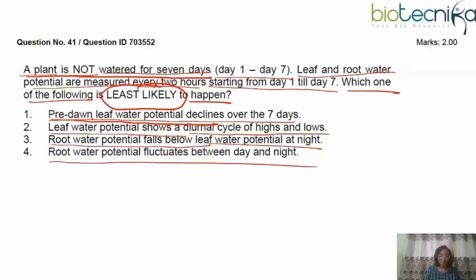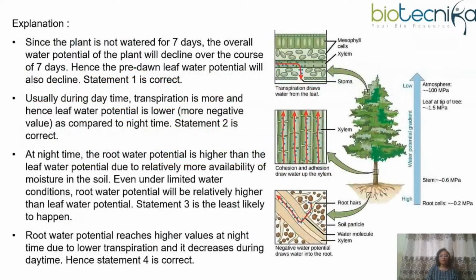Now, for the other 2 points, point number 2 and point number 3, you need to understand that the roots are the ones in contact with soil, right? The leaves are in contact with air or the atmosphere. So roots are the ones which take up the water from the soil.